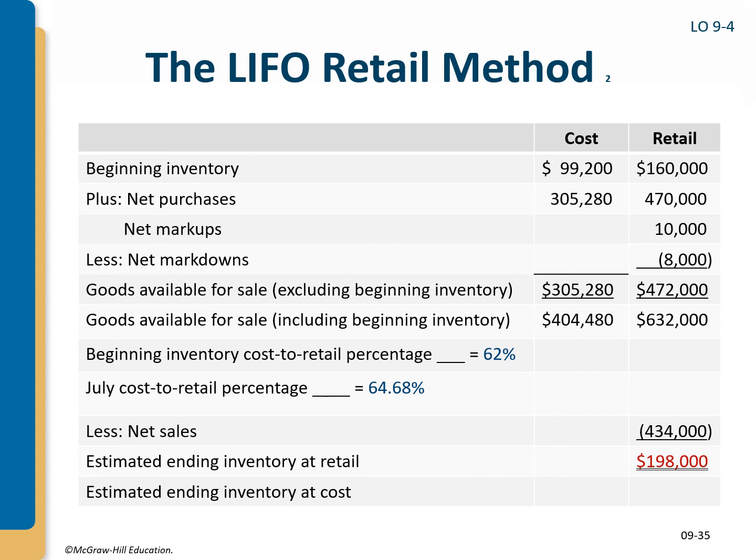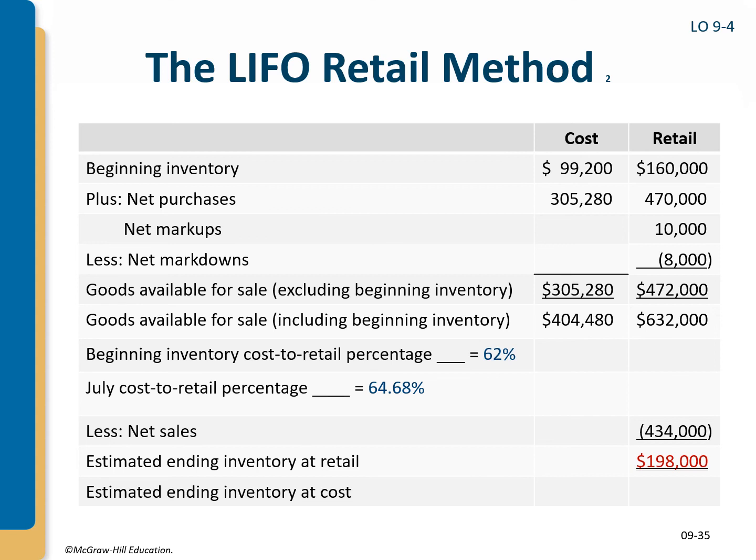First, we calculate two distinct percentages for converting our ending inventory to retail. The first is our beginning inventory ratio. So we will take our $99,200 cost divided by $160,000 retail. So the beginning inventory cost to retail percentage is 62%.